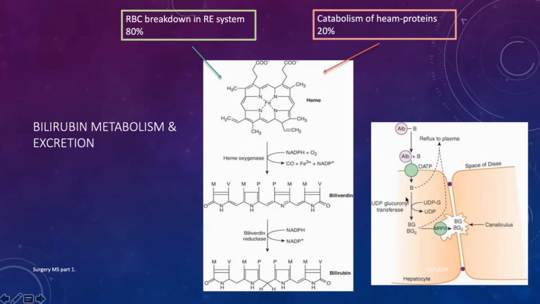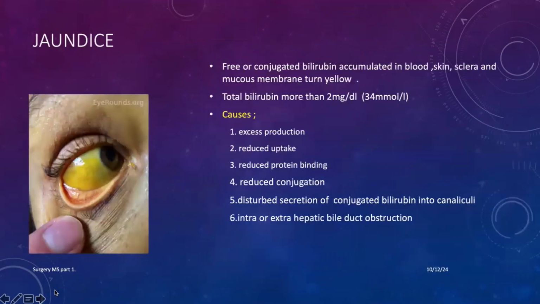If the production is too much and the enzymes are unable to cope with all this bilirubin breakdown, then there's a reflux of molecules back to the plasma, which will give rise to the indirect hyperbilirubinemias. So try to work out the mechanisms, the metabolism and excretion. Make your own notes and keep them ready for the exam.